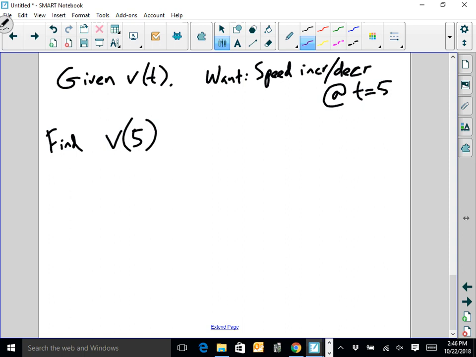If I have a calculator, I'll graph v of t and trace 5. If I have an equation, I'll plug 5 in for t and solve. I just need to find v of 5, and then I need to know, is it greater than or less than 0?